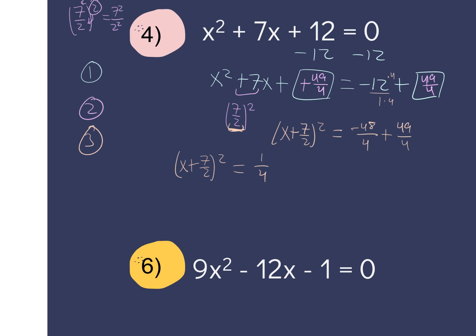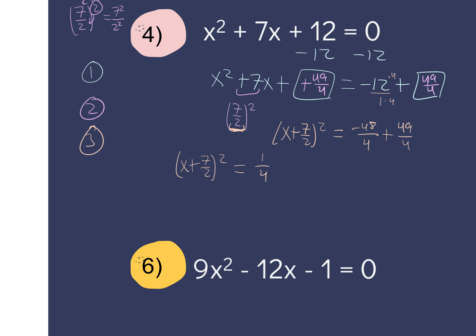All right, so we're at this step now. Everything is already simplified. We have a perfect square on one side, a constant on the other. So now we just want to, the fourth step, square root both sides, cancel the square root and the square. And then we should get x plus 7 over 2 equals plus or minus the square root of 1 over 4.